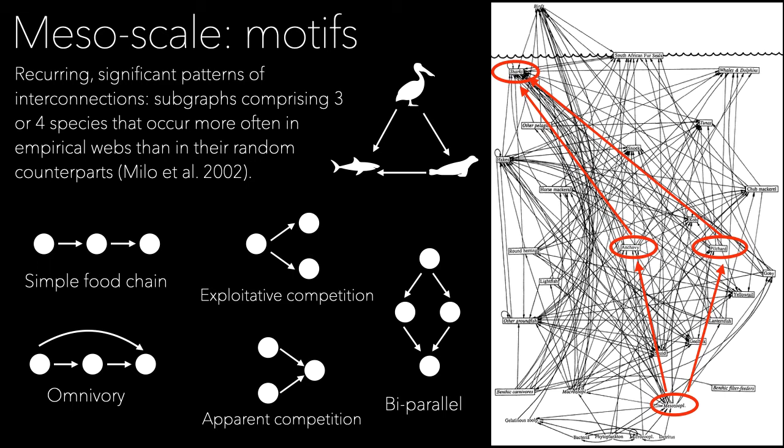This is quite important because it encapsulates, it resembles the two previous motifs that we observed, exploitative competition and apparent competition. In this case, the dynamics are going to be quite complicated because the two preys are going to interact indirectly through different pathways.